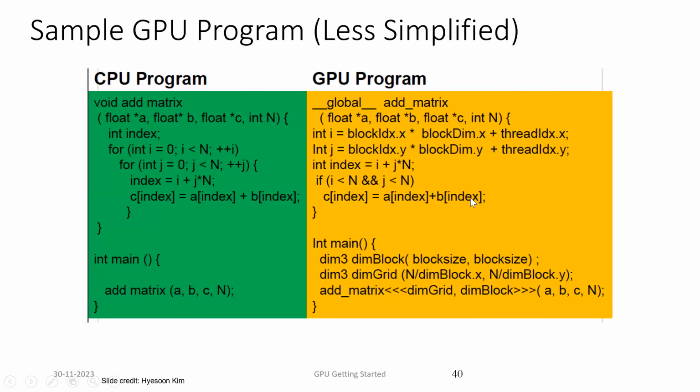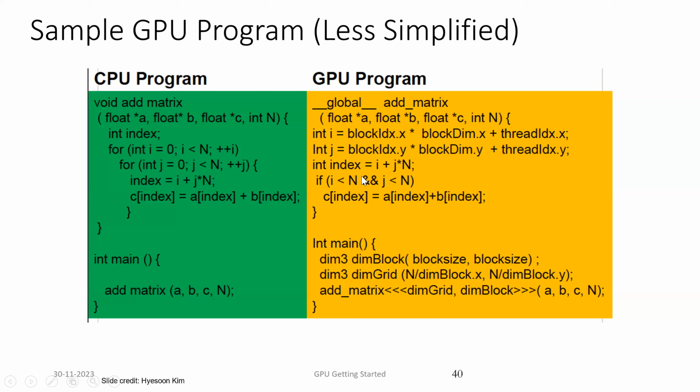So again, as an extension of the same thing, we have matrices that we are trying to add. Now for each thread we need to carefully assign one particular element of A and another one particular element of B. So that's where we use the variables i and j, which use block ID, block dim, and thread ID, etc., to generate i and j.